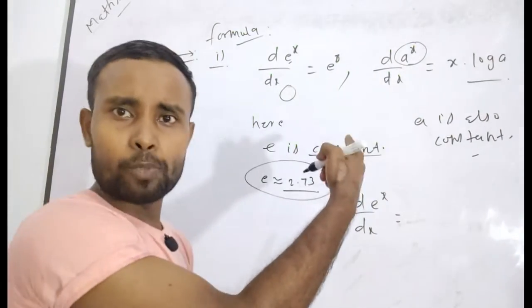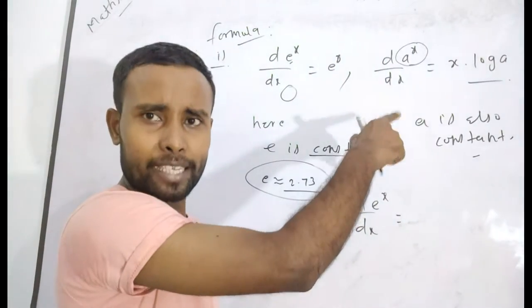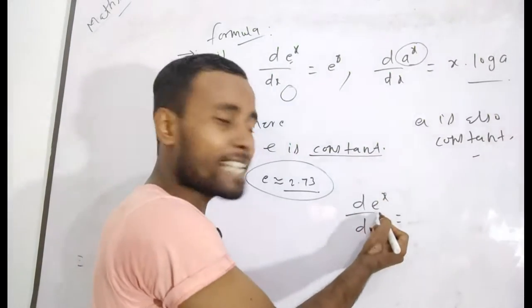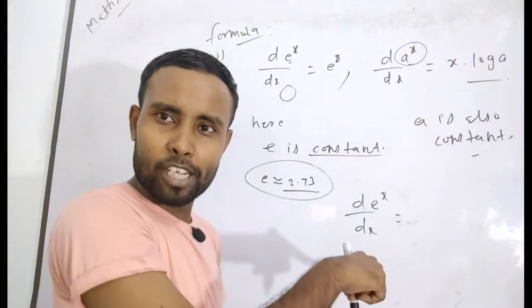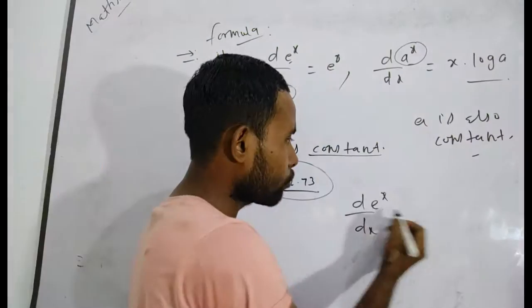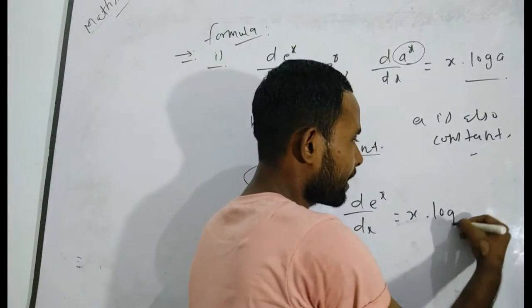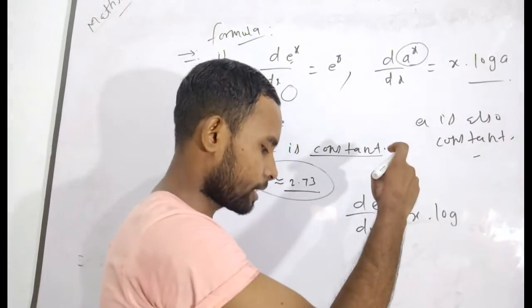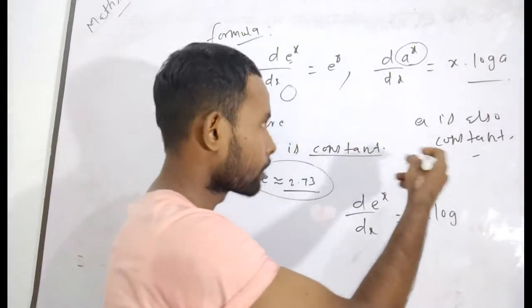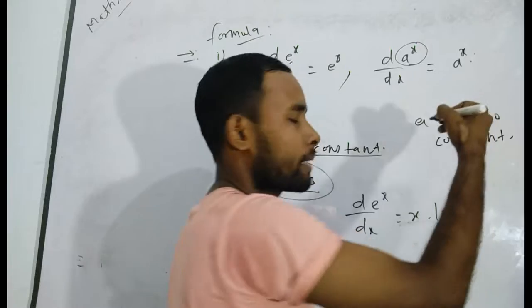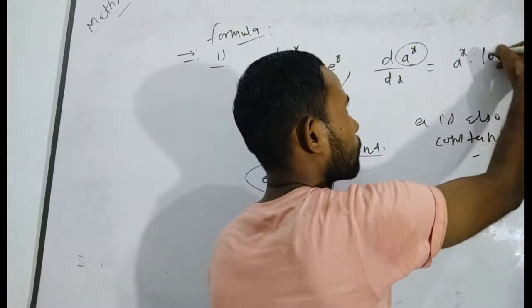According to the formula, a is a constant, and e is also a constant. That's why you can use the formula here. Its formula will be a to the power x times log a. Sorry, I have written it wrongly. The derivative of a to the power x will be a to the power x into log a.